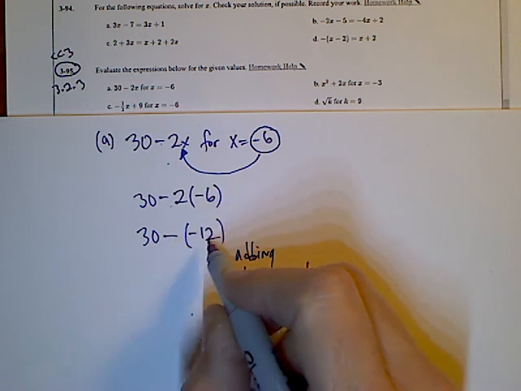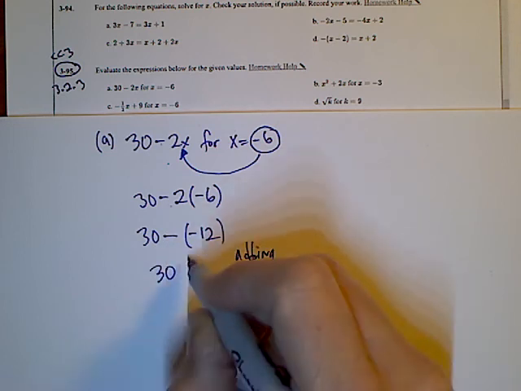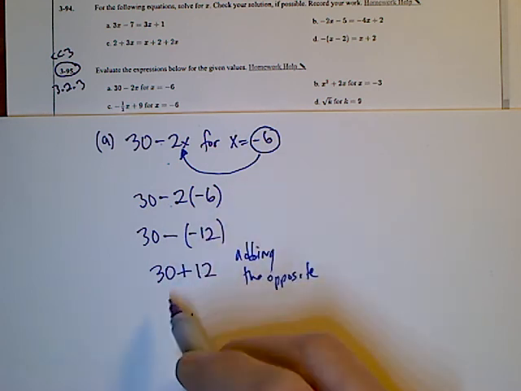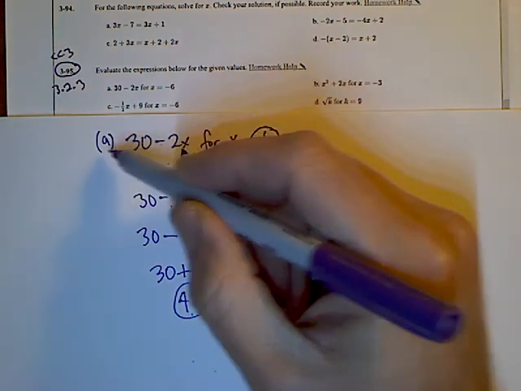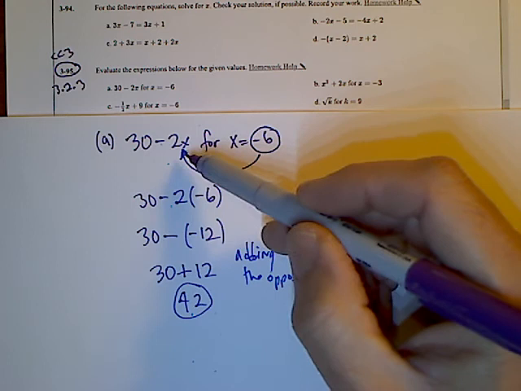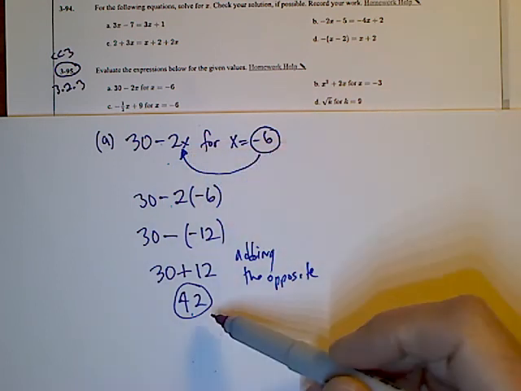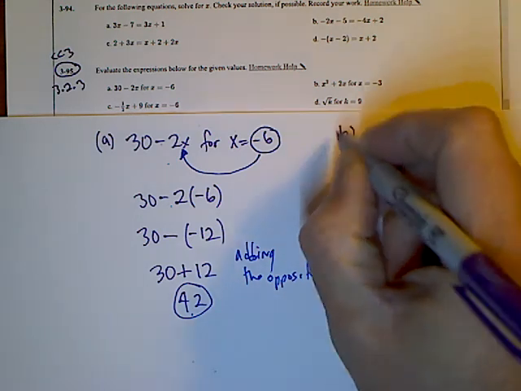So 30 minus -12 is the same thing as adding the opposite. So it would be 30 plus the opposite of -12, which is +12. So we get 30 plus 12, which is 42. So the answer for A, this expression, 30 minus 2x, when x equals -6, the answer would be 42.